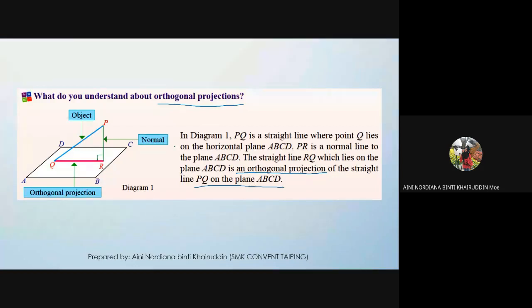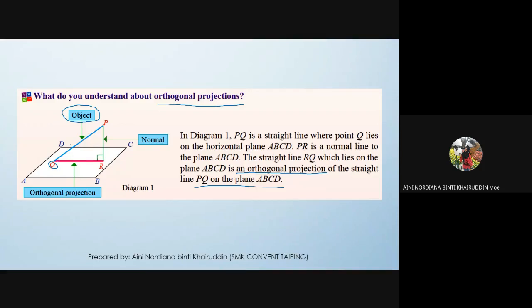How is this? Okay, you have to imagine there is a horizontal plane ABCD, and then there is an object. This object is a straight line from Q to P, where Q lies on the horizontal plane ABCD.